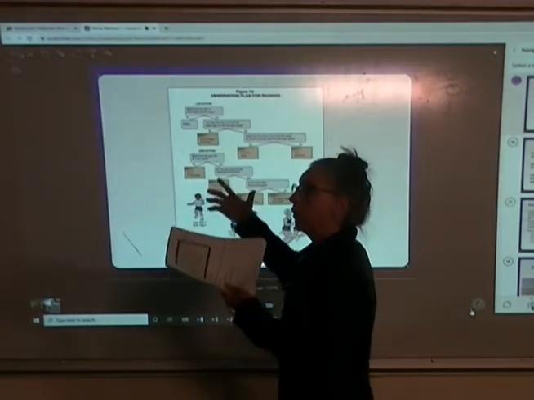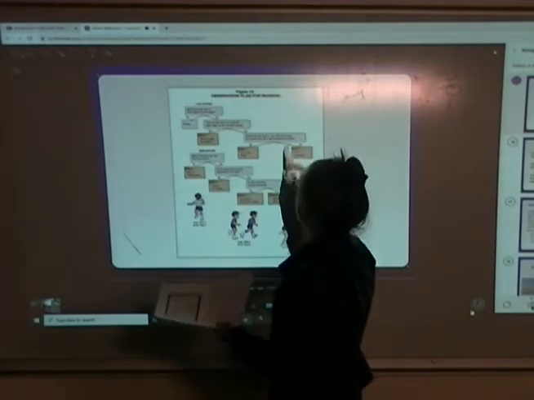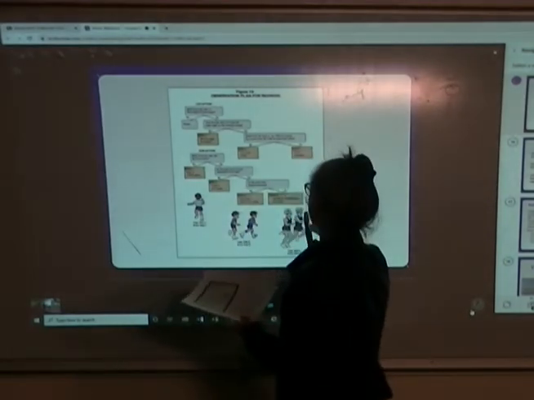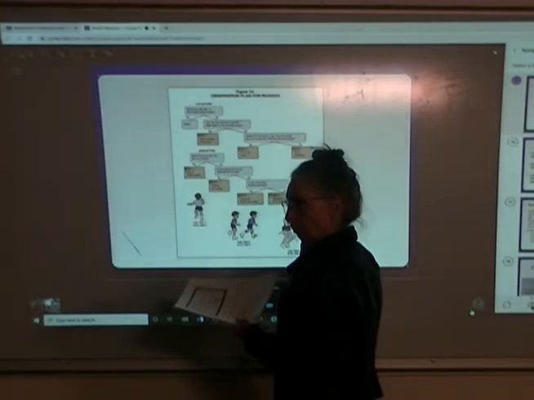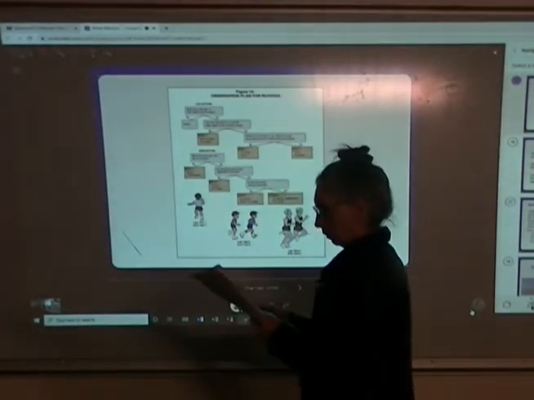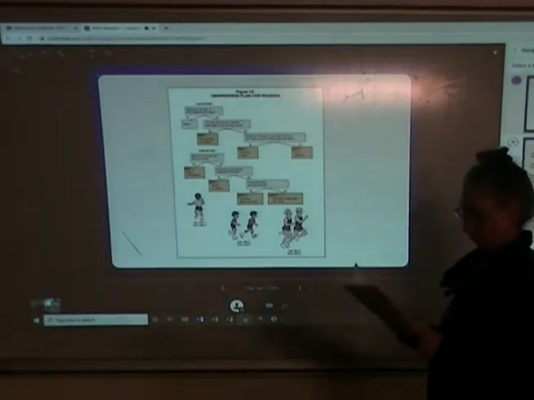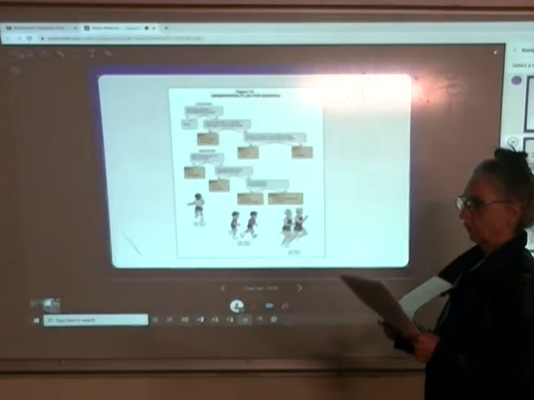What we want is to get them competent at running, which would be step 3 for legs, step 4 for arms. Okay? Questions?